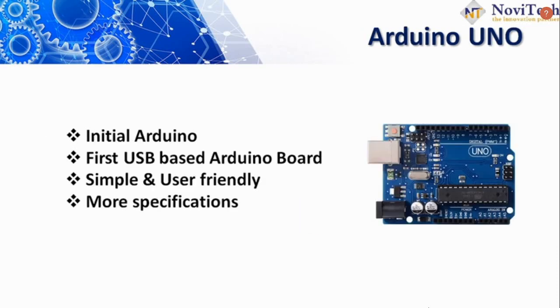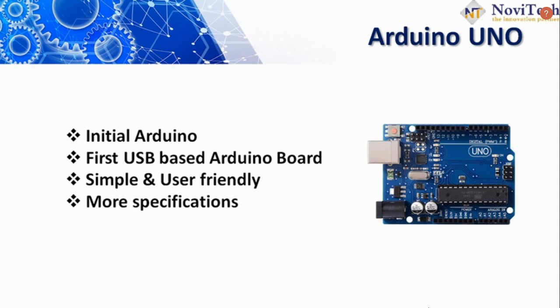Next, let's move into the main board, which is Arduino Uno. The Uno is a huge option for your initial Arduino. It consists of 14 digital I/O pins, where 6 pins can be used as PWM pins. It helps the USB to get connected to the PC and get started with the AC to DC adapter or battery.